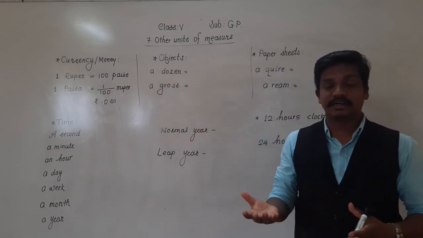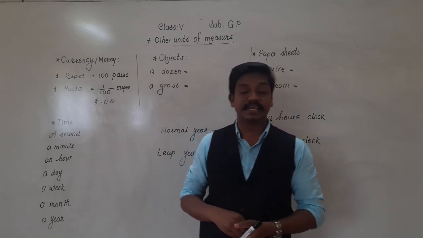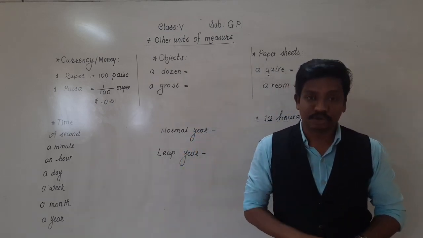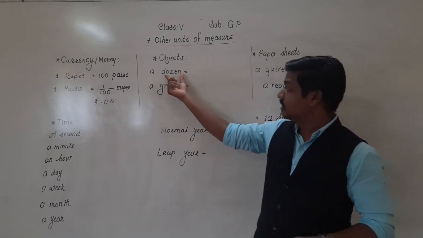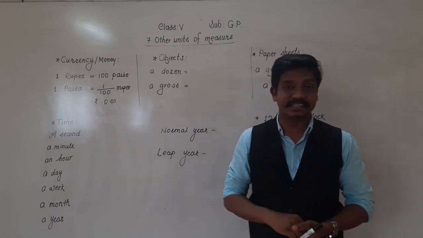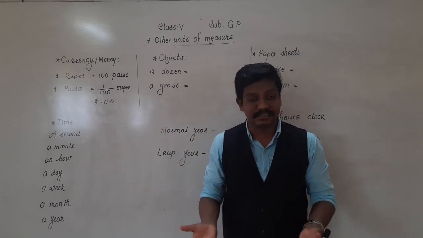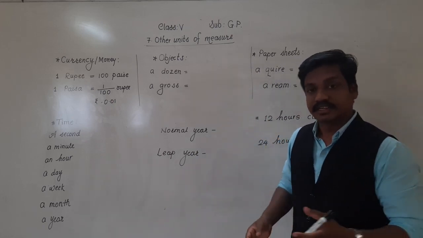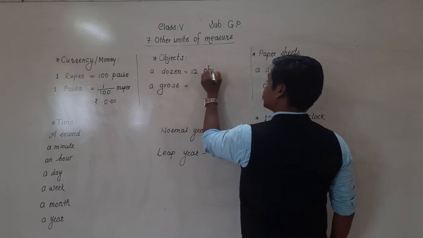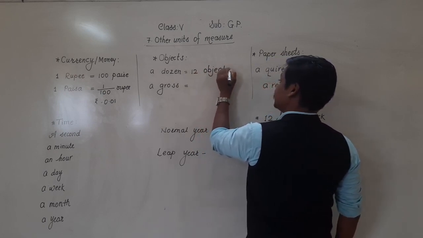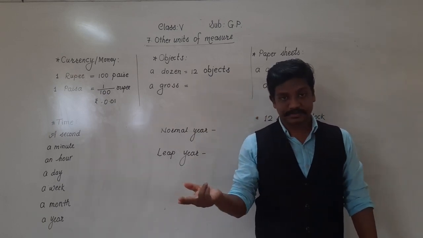When we purchase eggs, a dozen eggs, 2 dozen eggs, 1 dozen mangoes, 1 dozen apples, 1 dozen bananas, right? So a dozen means how many objects? Yes, a dozen means 12 objects. Objects means articles, things.